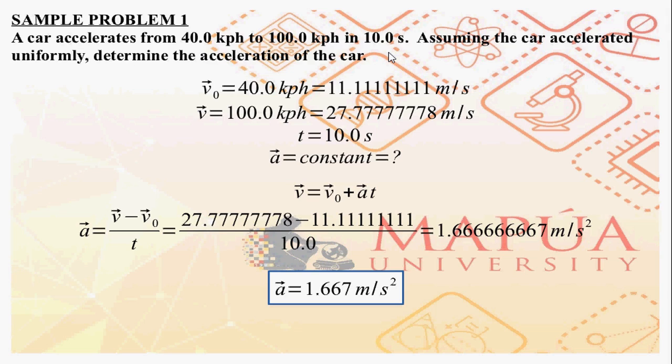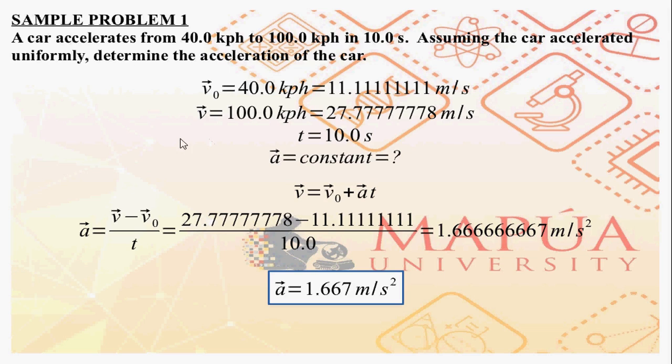For our solution, we assumed the positive direction, for instance, positive x direction. Our answer, A, is positive. This means that the acceleration is heading in the positive x direction.